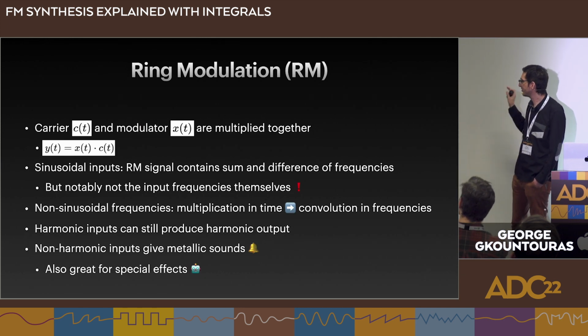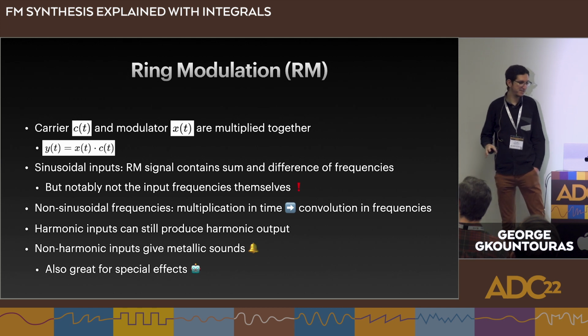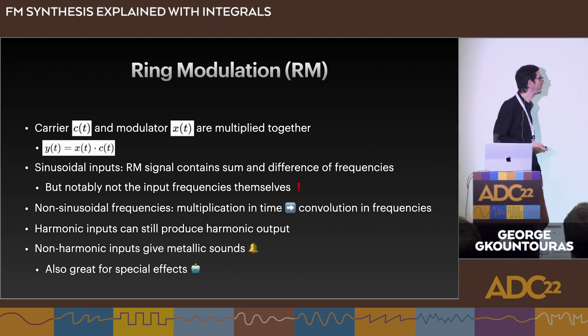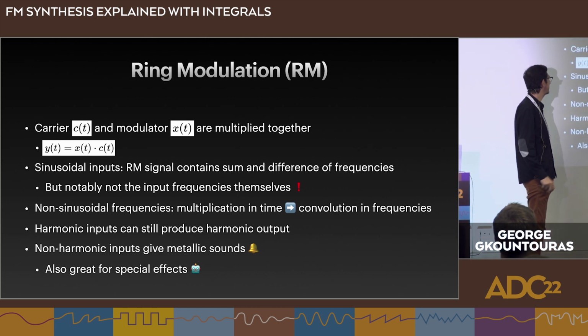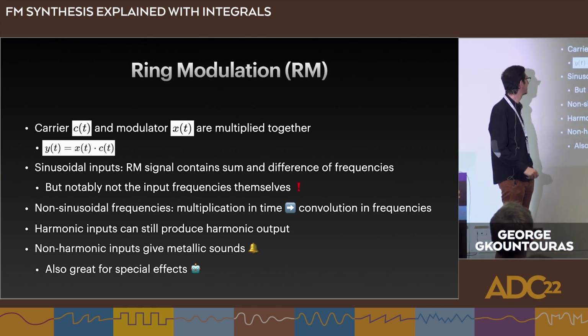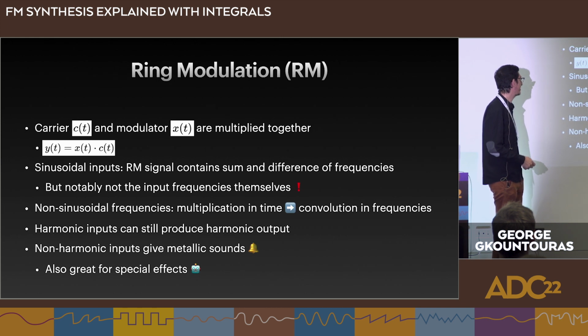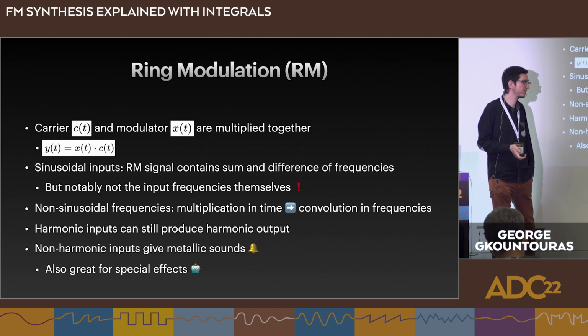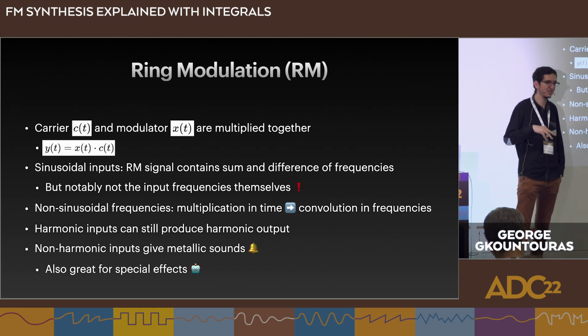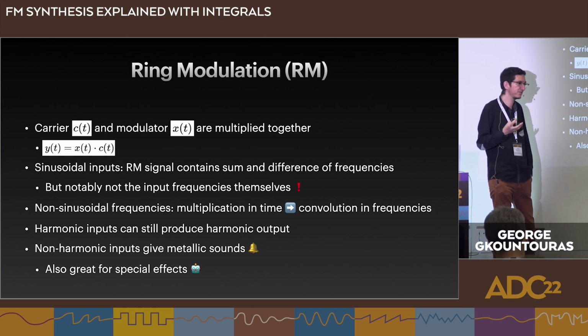So I also put some explanations here about related topics like ring modulation, which is when you multiply the carrier and the modulator together. There is not much to say here. Basically what happens is you get the sum and the difference of the frequencies, but not the frequencies themselves. So as a sound, you would describe it as robotic.